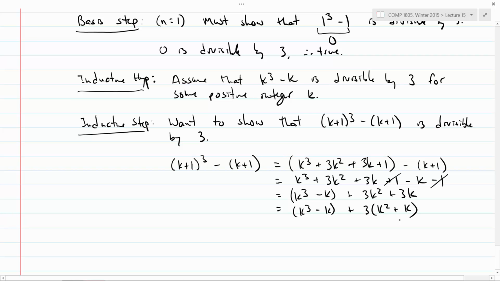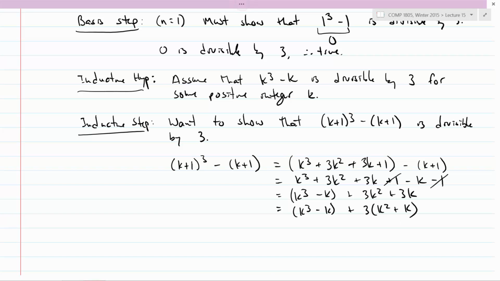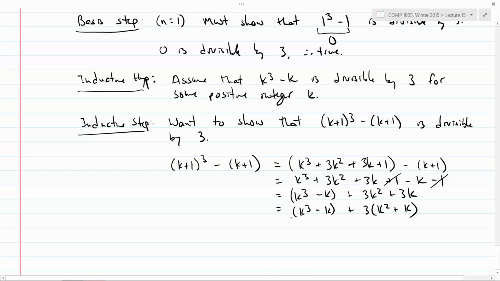And my claim is that this number is divisible by 3. Why is this number divisible by 3? Yeah, I know that the thing on the left is divisible by 3. So this thing is just divisible by 3 by the inductive hypothesis.